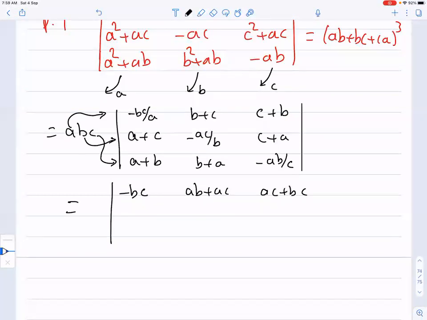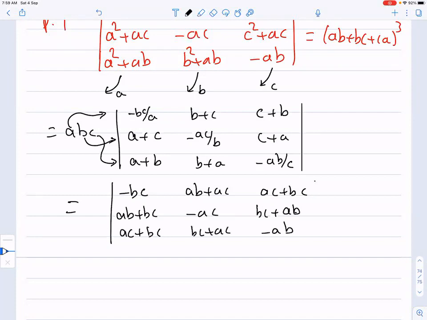B is going in the middle: AB plus BC, minus AC, BC plus AB. C is in the last: AC plus BC, BC plus AC, minus AB. Clear, students? Yes, sir.